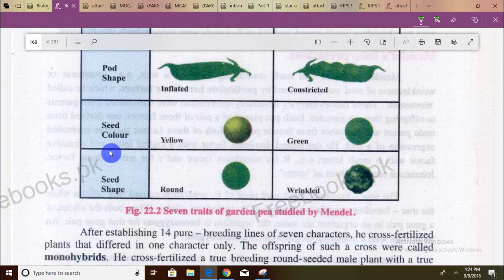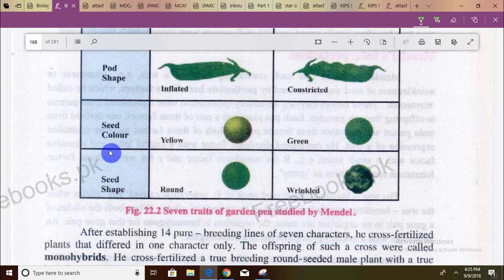He cross-fertilized plants that differed in one character only. Obviously that was so he could only study that particular trait without worrying about the rest of it, right?